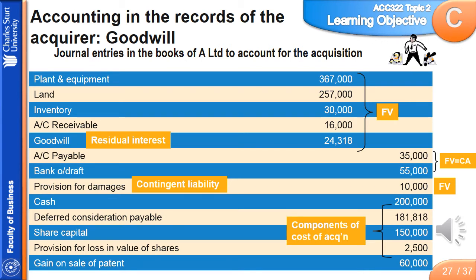We also had to issue some shares as part of the consideration at $1.50 per share, so that's accounted for there. And then the provision for loss in value of shares, that was in case they did drop to $1.40, we're just provisioning for that.